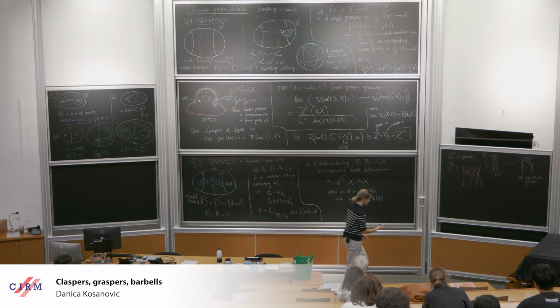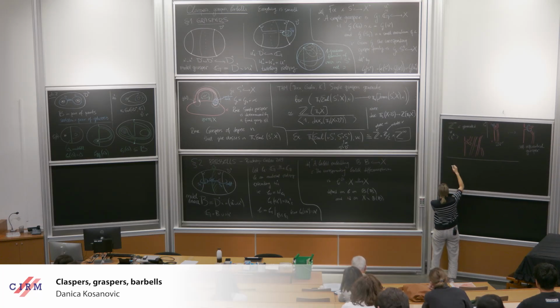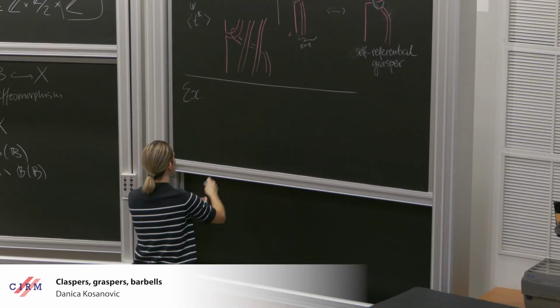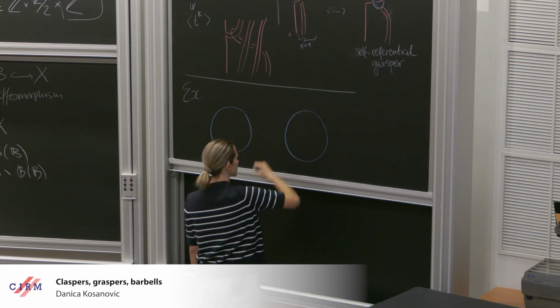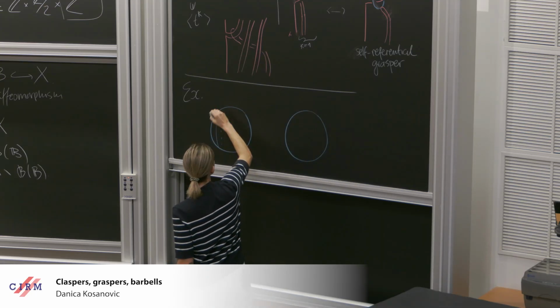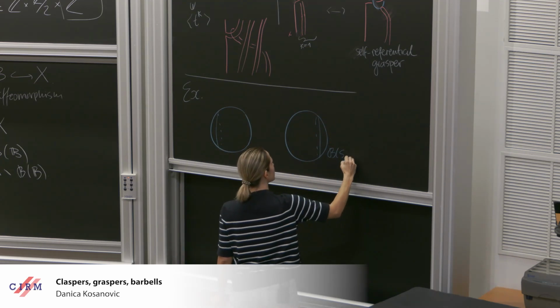Maybe examples are here. So for example, or maybe I won't have space. Oh, I'll have to. Okay, example of a barbell embedding is this one. You take in S4 or D4 two unknotted spheres. And this is going to be your B of S2 and B of S1.